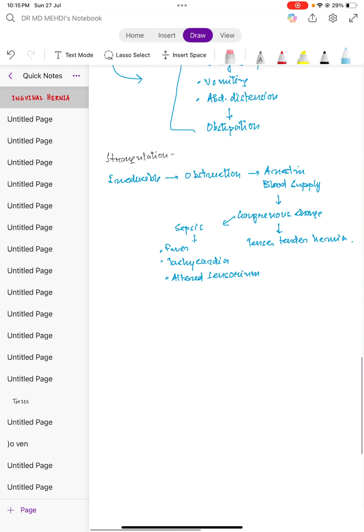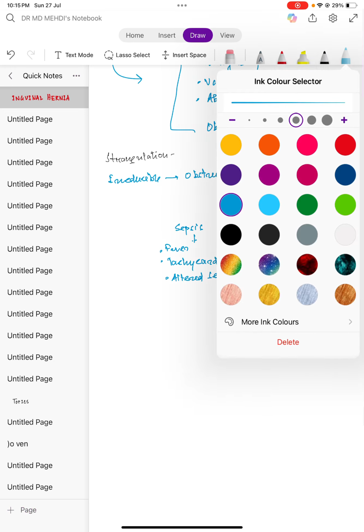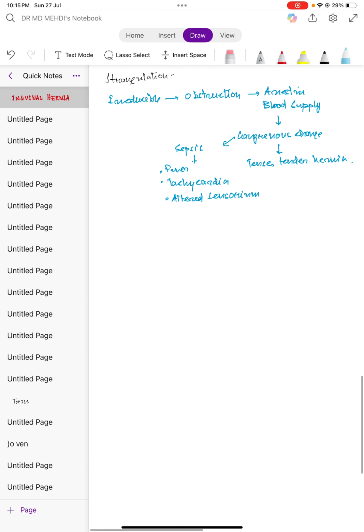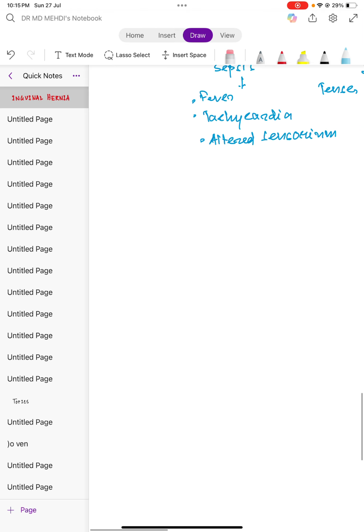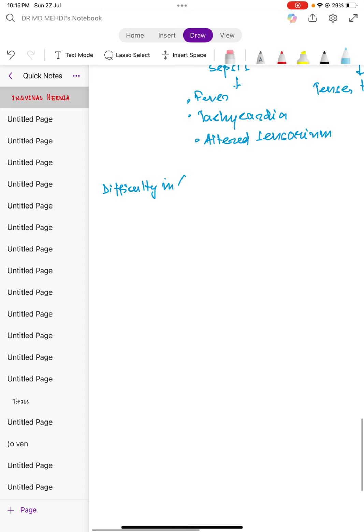After that, we have to ask for any precipitating factors. What are the precipitating factors I told? Any difficulty in defecation or micturition or cough. Difficulty in defecation, micturition, or chronic cough.